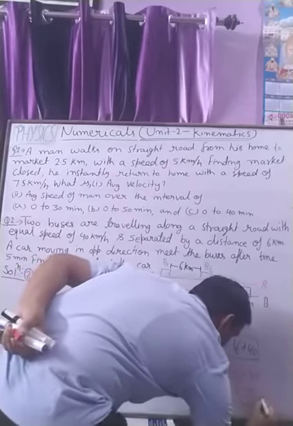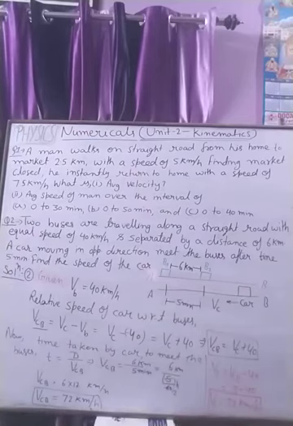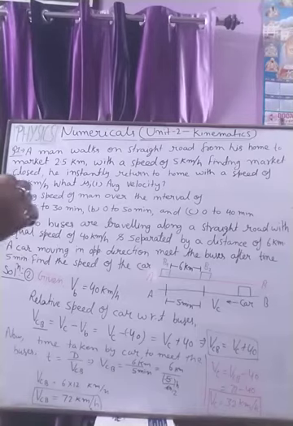This is the speed of the car which meets the buses after 5 minutes, separated by 6 kilometers. Copy this solution. Then we are going to understand the first solution.